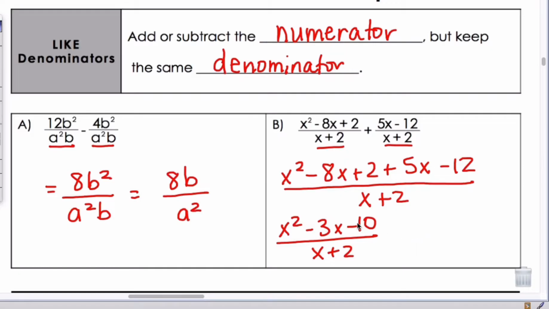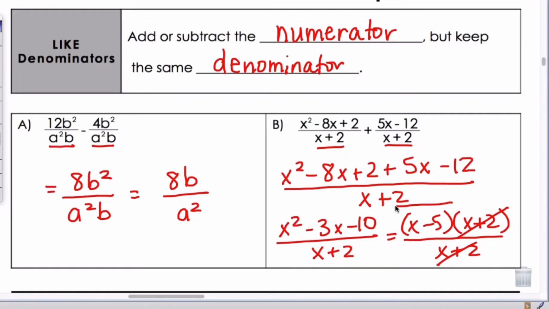Then I want to factor the numerator to see if I have any common expressions so I can cancel. So I factor it to x minus 5 times x plus 2 divided by x plus 2. I can see that I have the x plus 2 which I can simplify, so I cancel that, and I end up with just x minus 5 as my final answer.